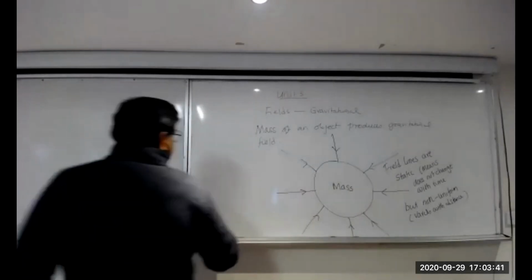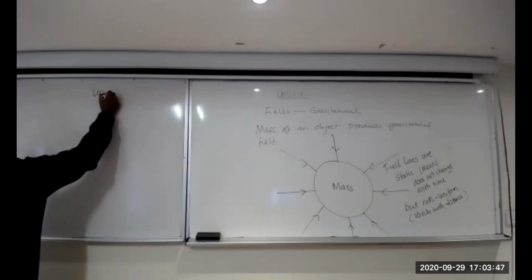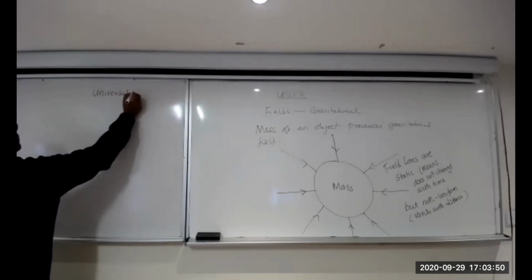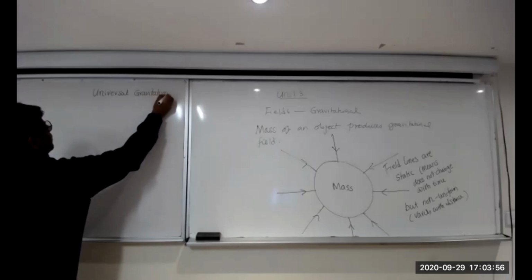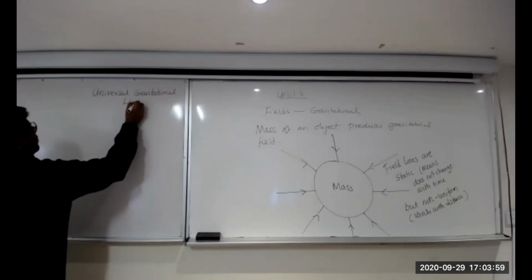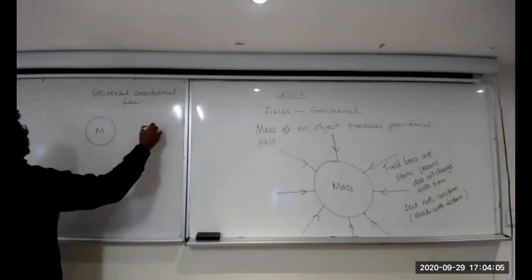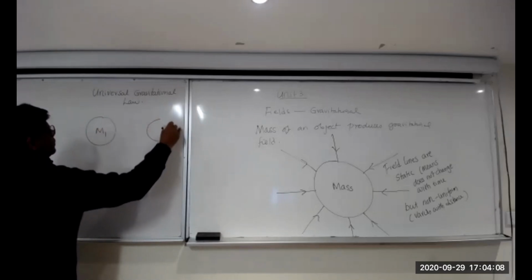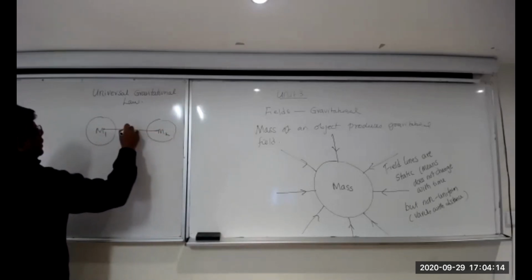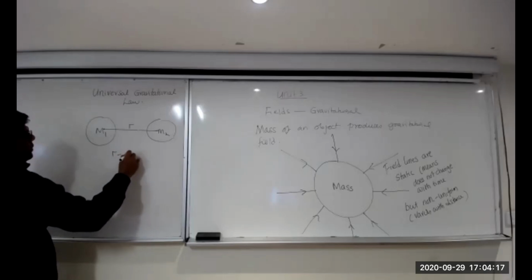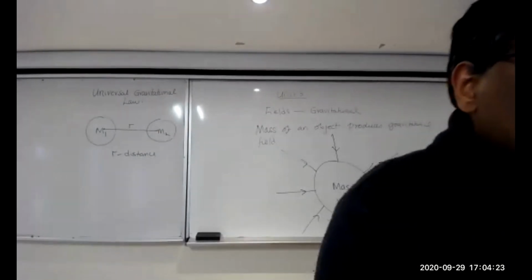Now we'll talk about Newton's universal gravitational law. So if you have two objects, M1 and M2, and R is the distance from center to center.